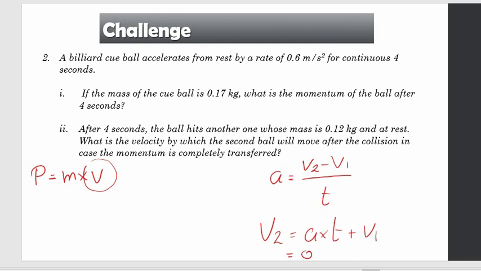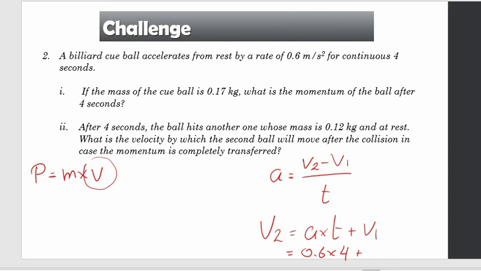A is 0.6, the time is 4 seconds, and v1 starts from rest, which means that v1 is equal to 0, so it's plus 0. This means that v2 is equal to 2.4 meter per second.